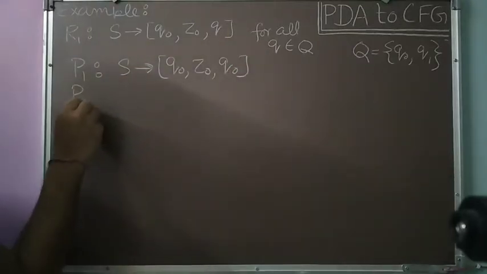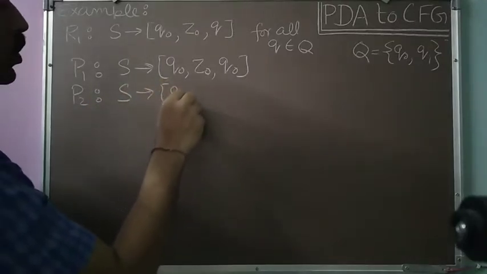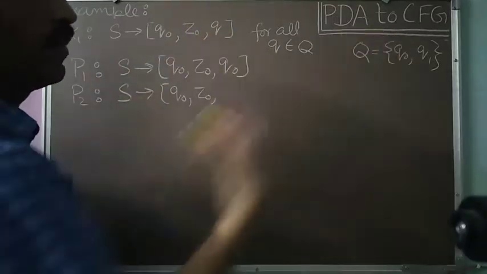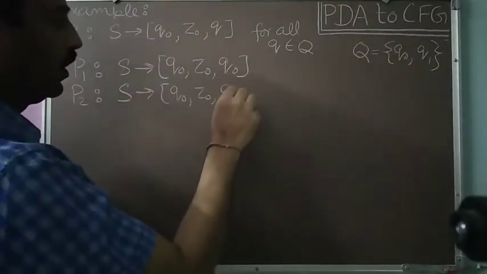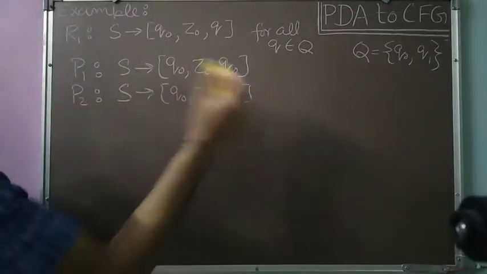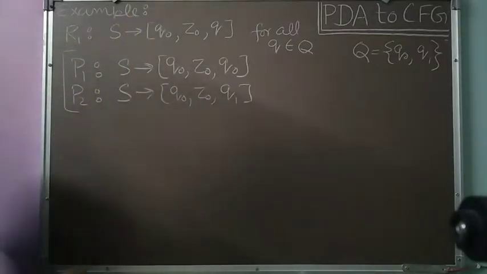The second production, P2, will be S → [q0, Z0, ...]. These two are fixed, and for this q, this time I take the value q1. So the second production P2 is S → [q0, Z0, q1]. By applying rule 1, I find these 2 productions.